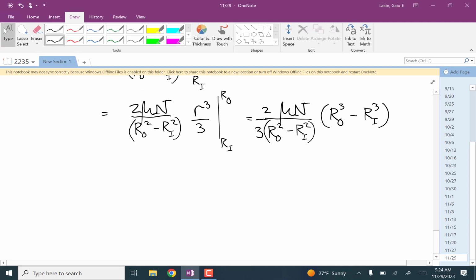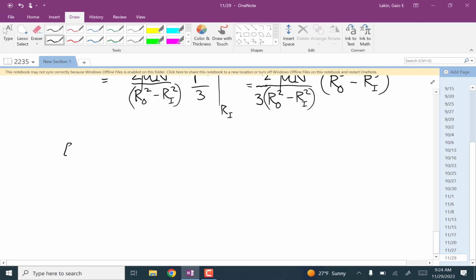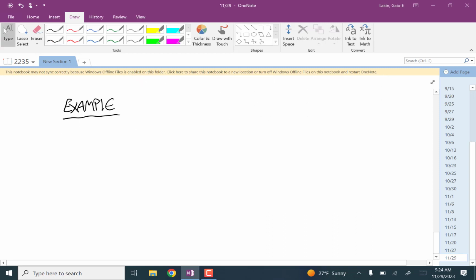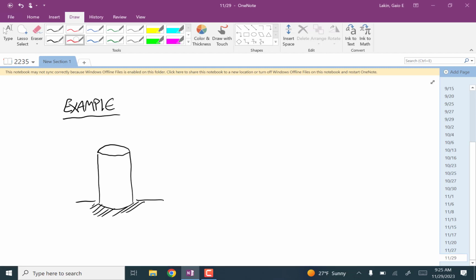All right, so let's do an example. Let's say that we have a solid object, and let's say that this radius is 0.02 meters, and there's a force down of 500 newtons.